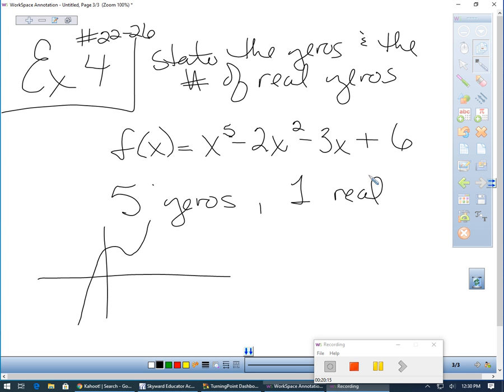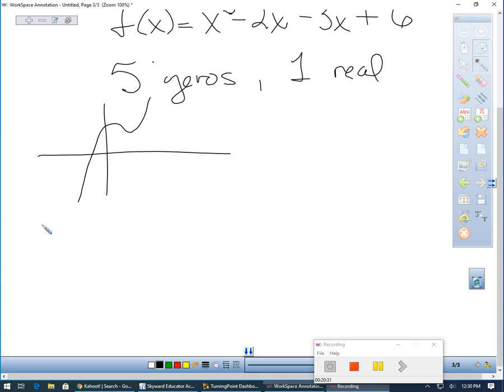Example 5. How did I get tangled up here? There we go. Example number 5 is 28 through 32.